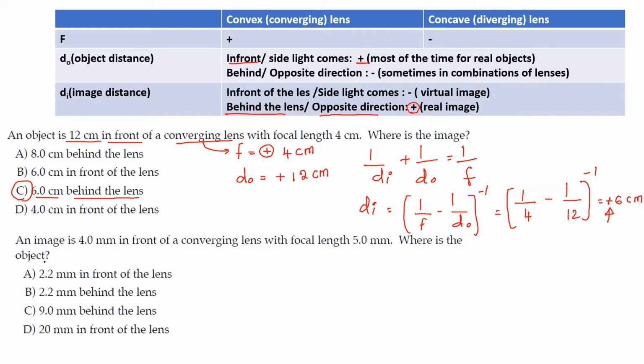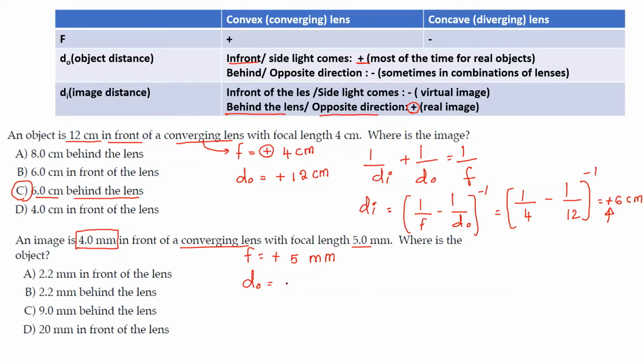Okay. So the next one, an image is 4 millimeters in front of a converging lens. Again converging, F is positive and it is 5. So they have given Di and they are saying it is in front of the lens.